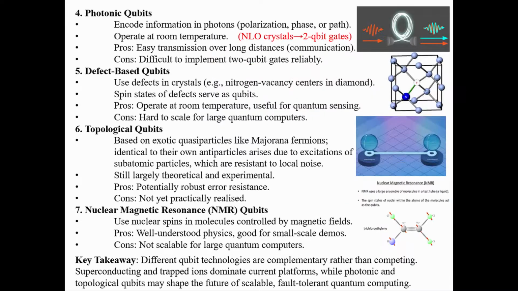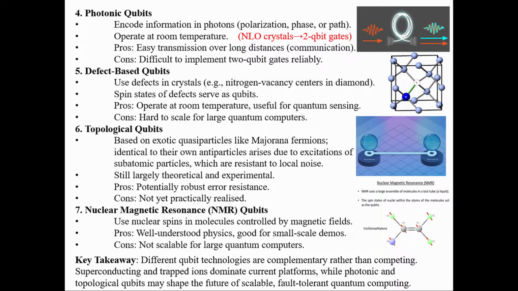Okay. So next are photonic qubits. Even a laser contains photons, coherent photons. So those also can be used, but the only thing is that two-qubit gates are difficult. But with the help of nonlinear optical crystals, which are being grown even now, you can have these two-qubit gates.